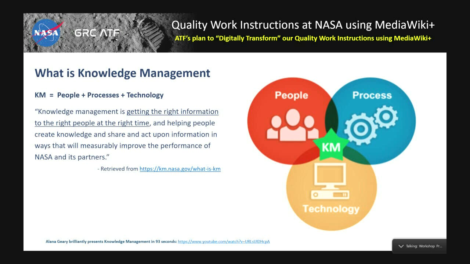It's about getting the right information to the right people at the right time and helping people create knowledge and share and act upon information. That's the ISO requirement, evidence-based decision-making. Act upon information in ways that will measurably improve the performance of NASA and its partners. That's not my definition, that is NASA's definition of knowledge management.